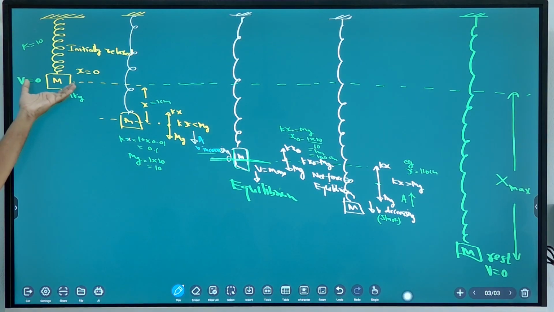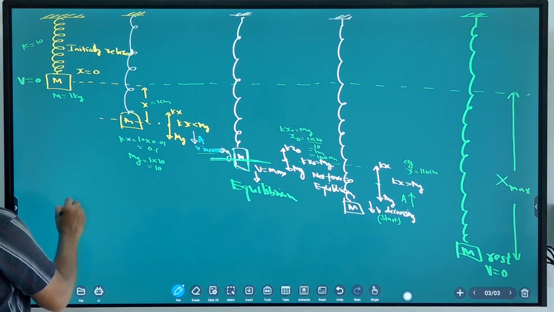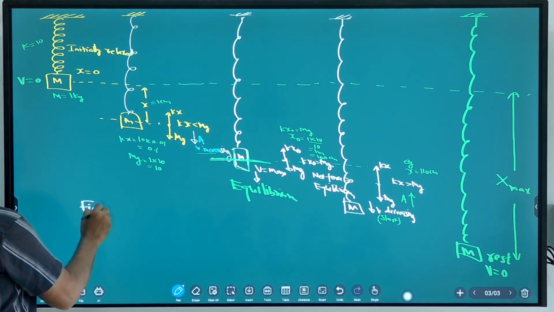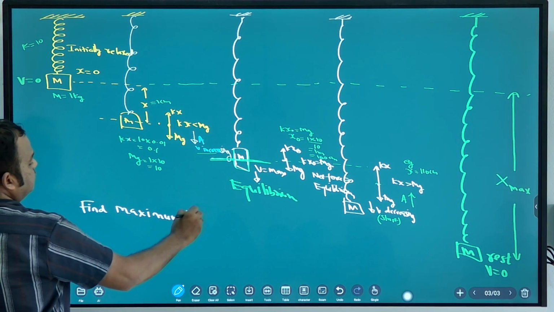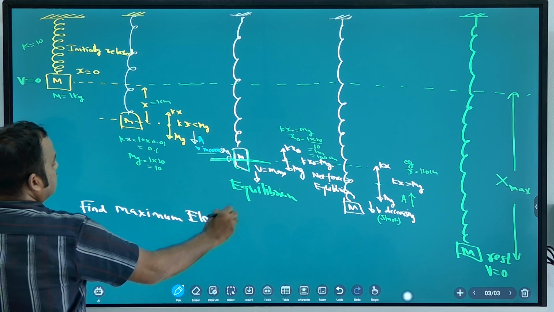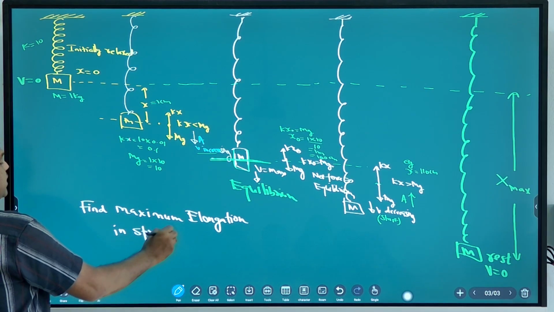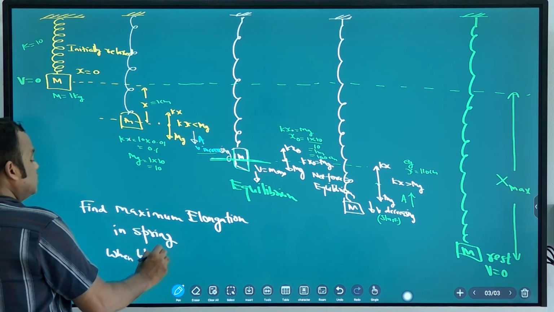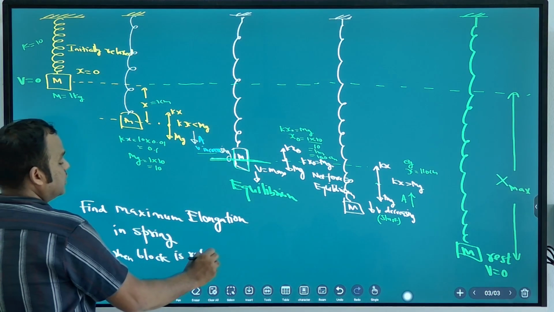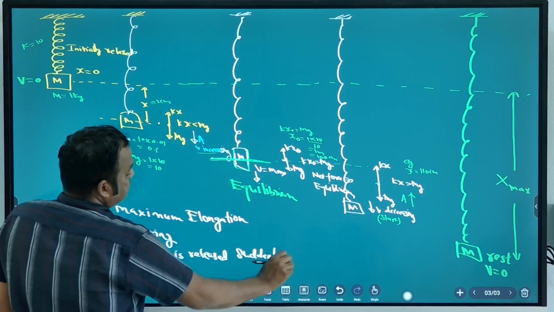You attach some object and release it. So what is the maximum elongation? Note down. Find maximum elongation in spring when block is released suddenly.